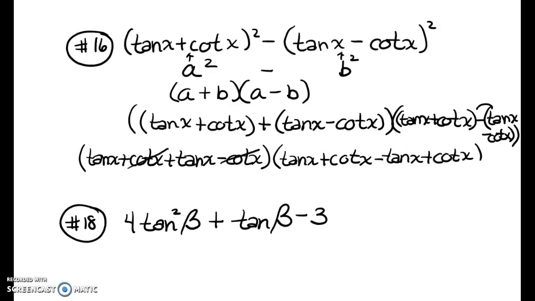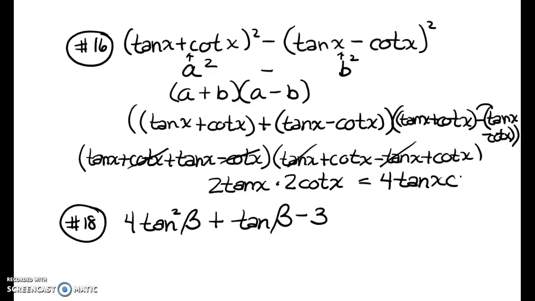And here our cotangents are going to reduce out. So tangent of x plus tangent of x is 2 tangent of x. And we're going to multiply that by, okay, your tangents reduce out, 2 cotangent of x. And we eventually get 4 tangent of x cotangent of x when we factor this expression.